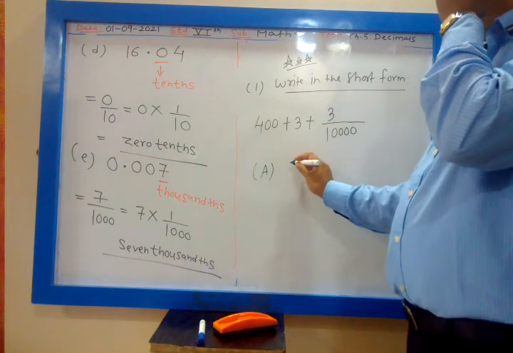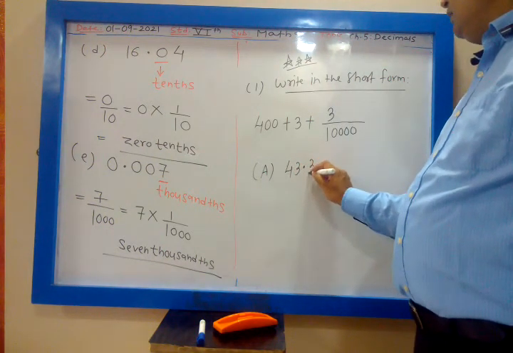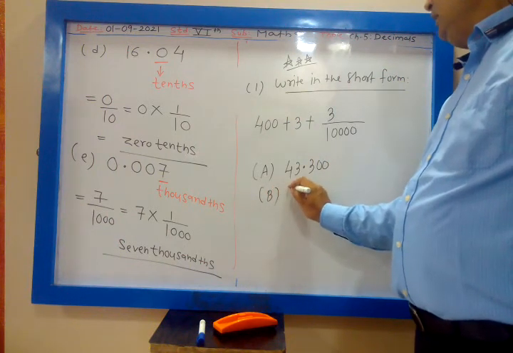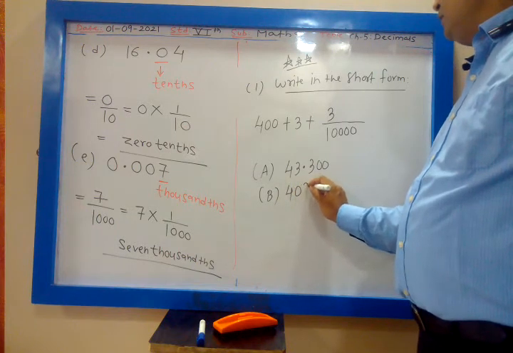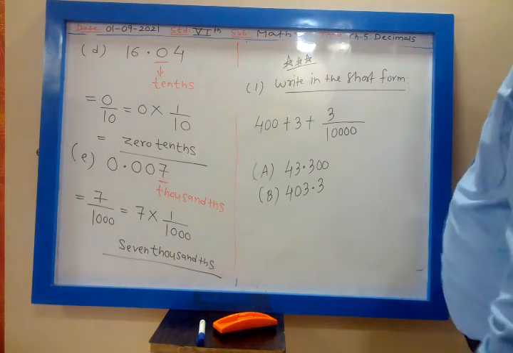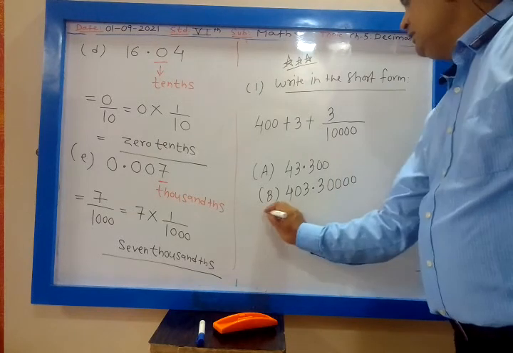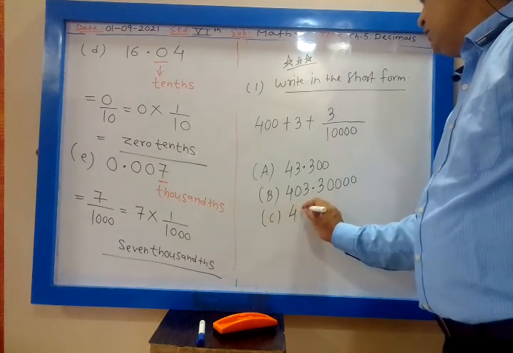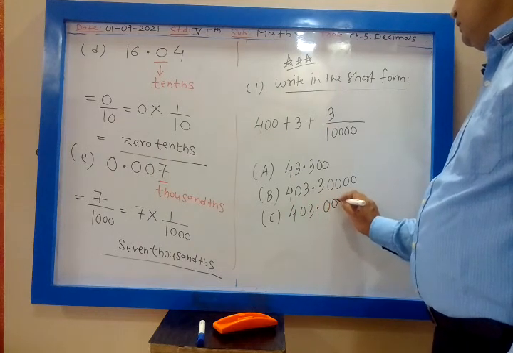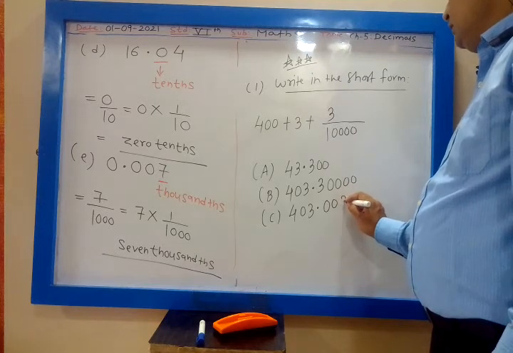Option A: 43.300. B: 403.30000. C: 403.0000003.